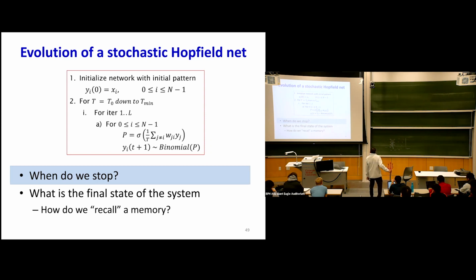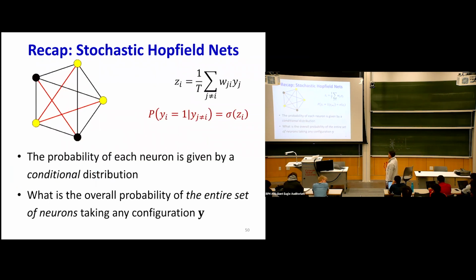Now, we saw what the final state of the system is and how we recall a memory. When do we stop? How do you decide that we've run a sufficient number of iterations and we should either reduce the temperature or take a reading? For that, we have to go back and look at the network as a probability distribution. The probability of each neuron is given by this conditional distribution, right?